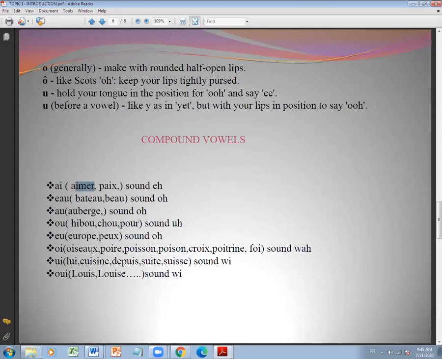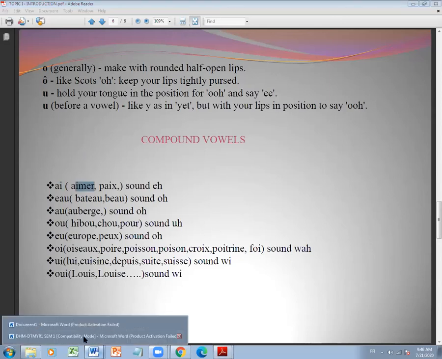How do you do the next one? Pay. A-E is A. It's the same as the acute accent. Pay. In other words, let me help you here.